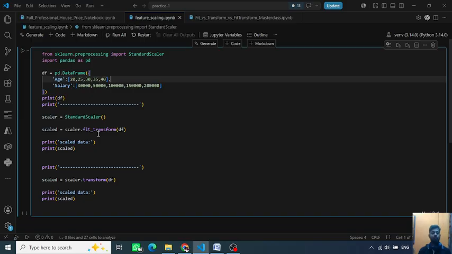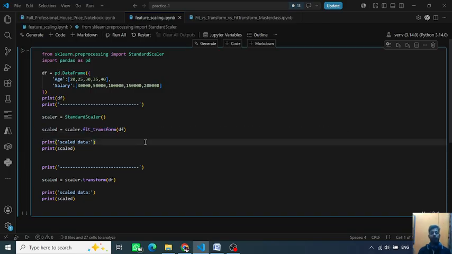So now here we are using the StandardScaler class of the scikit-learn library. Now we are creating a scaler object of the StandardScaler class and we are using fit_transform. Fit_transform does two things.